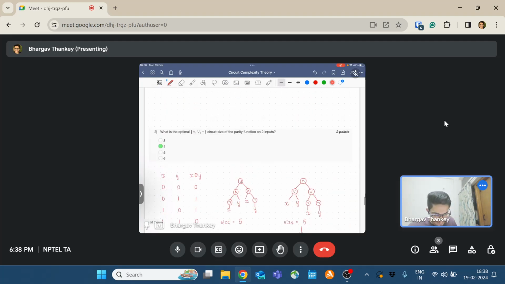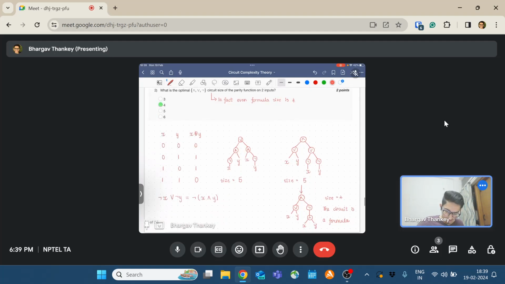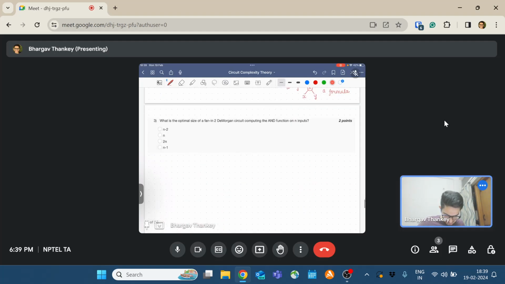So the circuit with 4 gates that we get is a formula. And this we'll use in the next problem. And where is that?